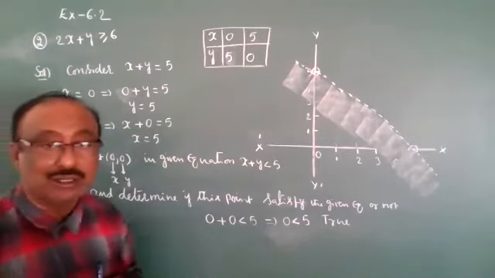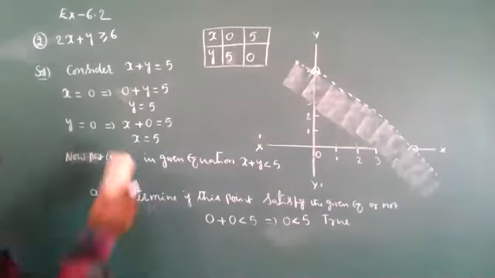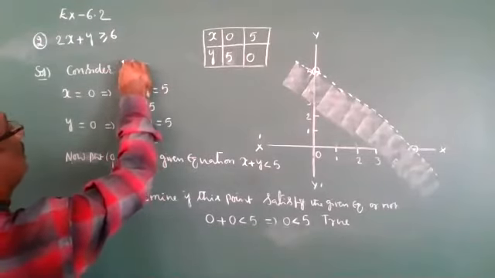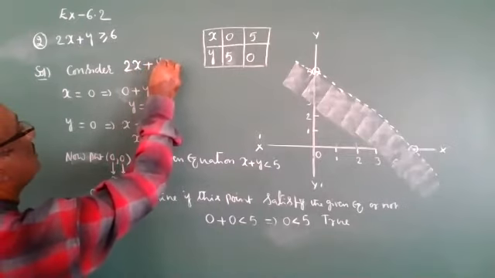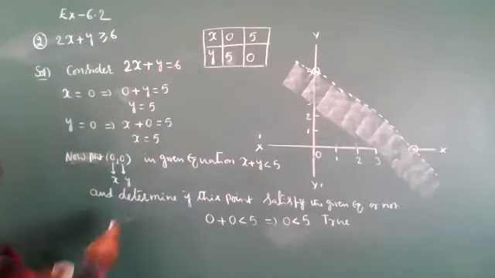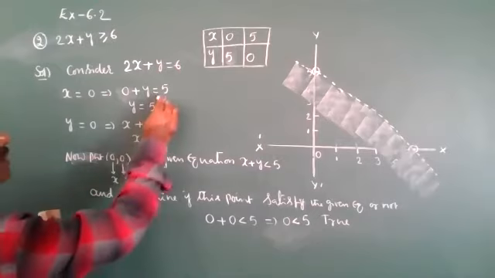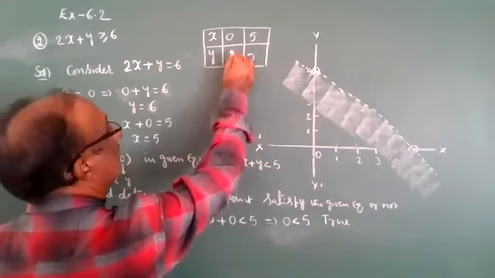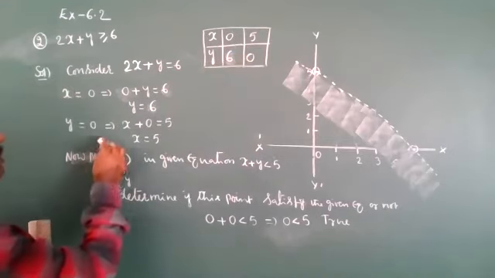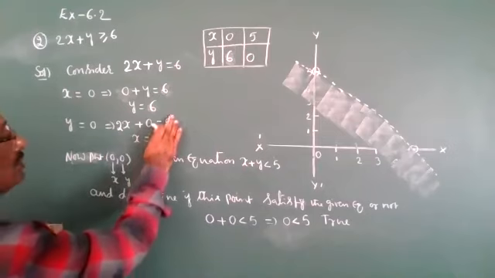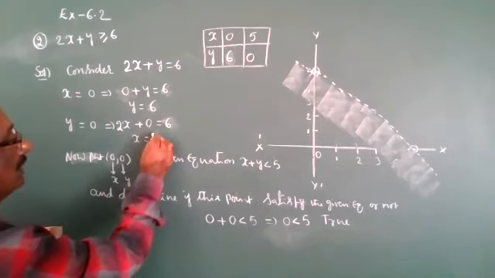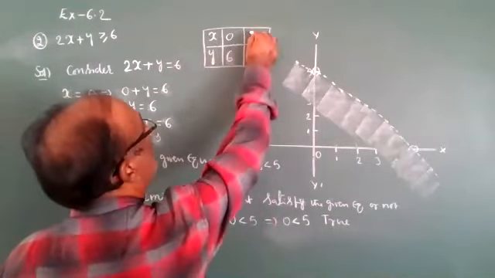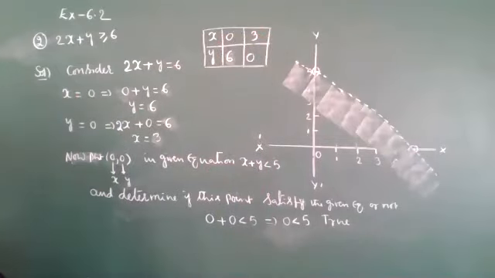First, everyone consider 2x plus y is equal to 6. X is equal to 0, y is equal to 6. Write down. Y is equal to 0, then x is equal to 3.